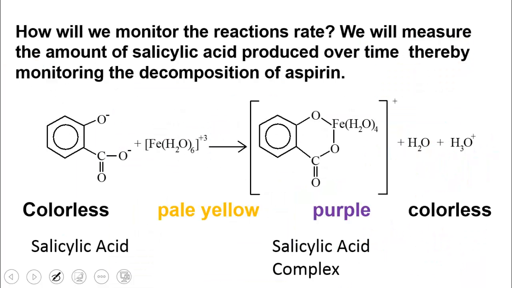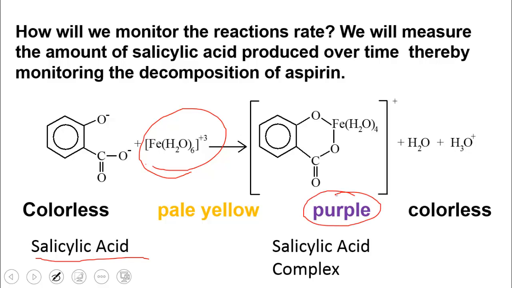Now, the salicylic acid, like in last term, is going to be complexed with iron. In our case, iron chloride, and the iron ion is surrounded by roughly 6 water molecules. By adding this pale yellow iron complex, it will bind to the salicylic acid and create a purple molecule.